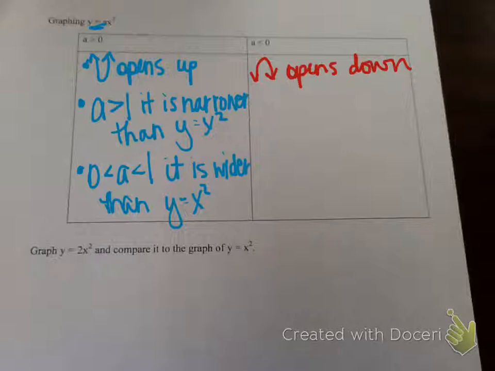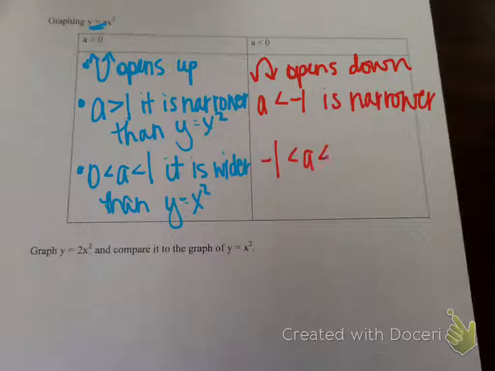Okay, so your parabola when a is less than -1 is narrower again. And when a is between -1 and 0, it is wider than y equals x squared.